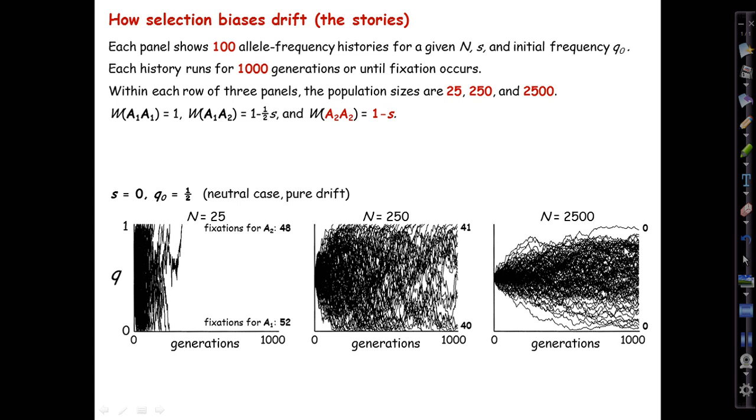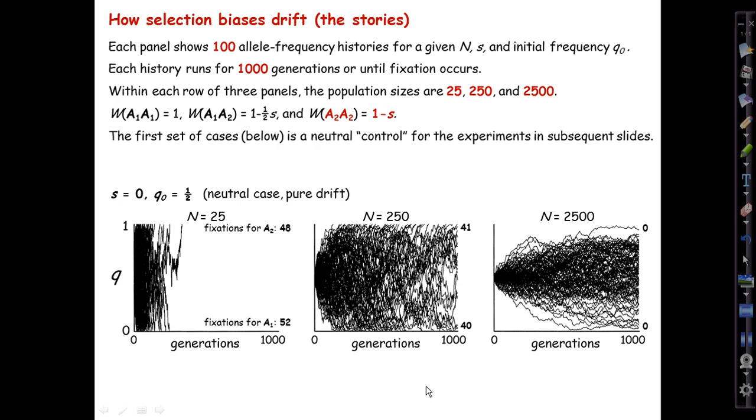In the largest case, by amazing luck, a few came close to fixing during the 1,000 generations, but none of them actually did, and they end the experiment all spread out along the allele frequency axis, but again with equal numbers above and below frequencies of a half, so they are going to fix ultimately 50-50 given enough time, just as the smallest population did.